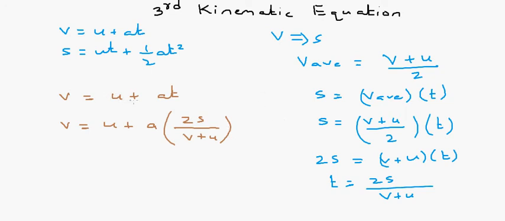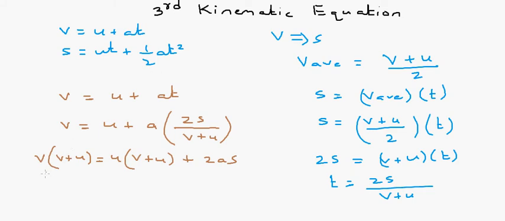Now this looks ugly, so we don't want to have anything in the denominator. So let's multiply this whole thing by v plus u, so that this v plus u gets cancelled. So v into v plus u is going to be u into v plus u plus 2as, right?